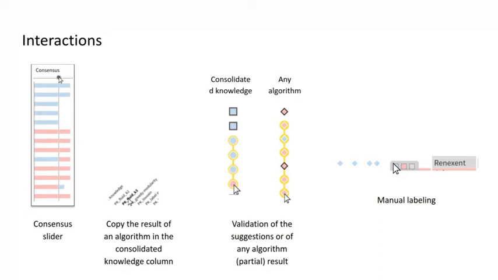And finally, we allow manual labeling or manual overriding of one or several specific people by right-clicking on the consolidated knowledge column for one person and just manually assigning one label, not taking into account, for example, the results of the algorithms. So it gives the main control to the user if she knows that one specific person is classified in one specific group, considering other sources that historians and social scientists often have.